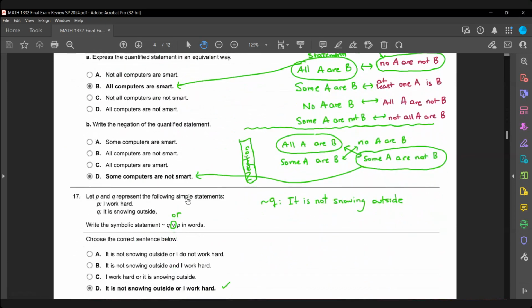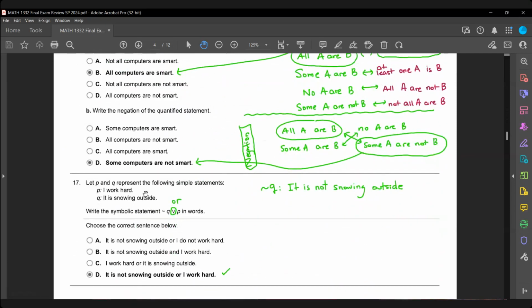Question 17. We have two simple statements, P and Q. P, I work hard. Q, it is snowing outside. It wants us to write this symbolic statement in words. Notice that I've highlighted the V looking symbol. What that means is that this will be replaced with the word or.